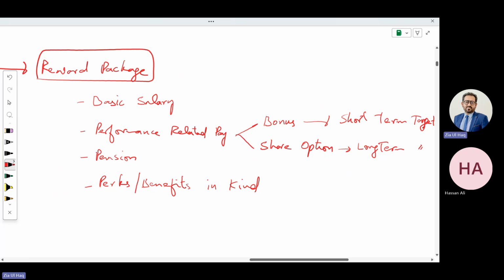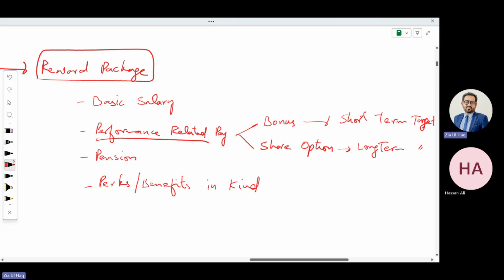Sometimes the company pays share options to the directors to maintain their loyalty, to maintain their retention with the company, because being shareholders, they will consider what is best for the company as well, because they are also the owners. But it is performance related. Performance related means directors can achieve it by meeting a certain target.